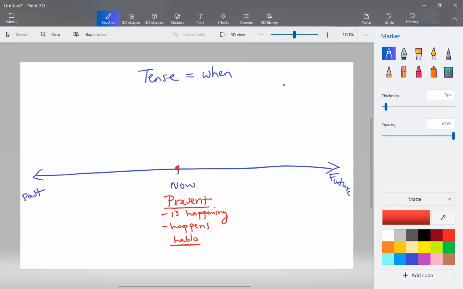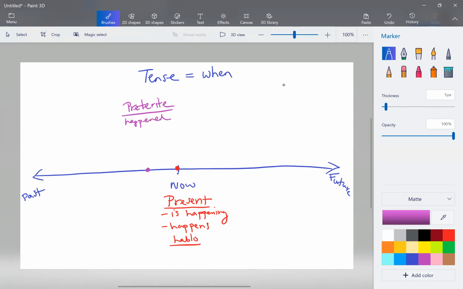What else do we have? Who can think of another tense? The preterite. And is that a past tense or a future tense? Past. Okay. So when we talk about the preterite, it's something that happened already.